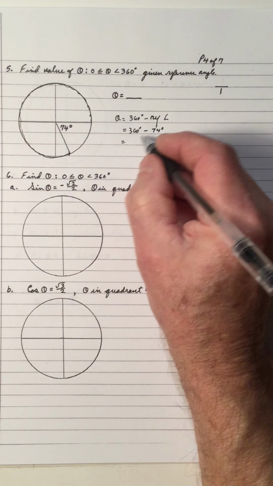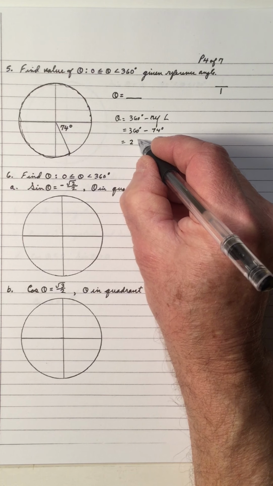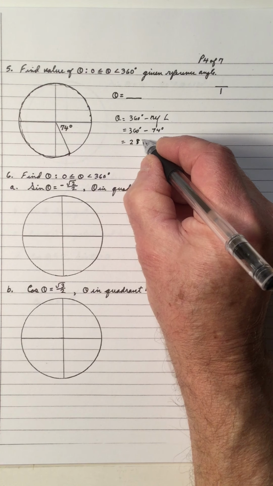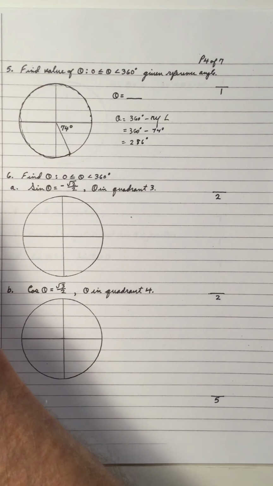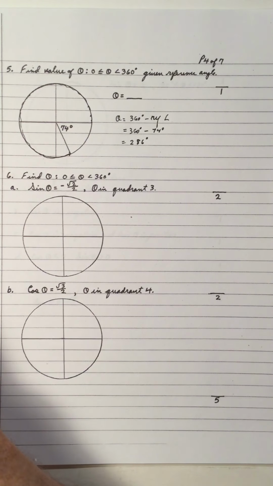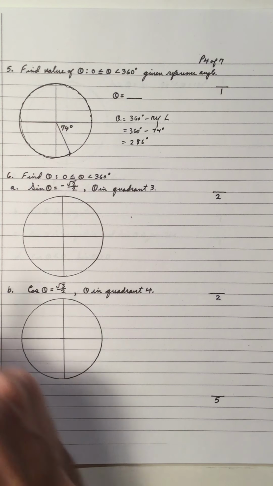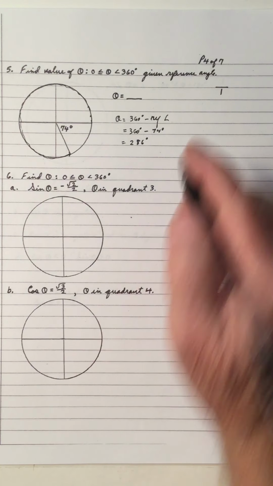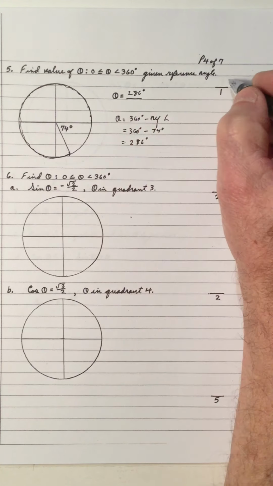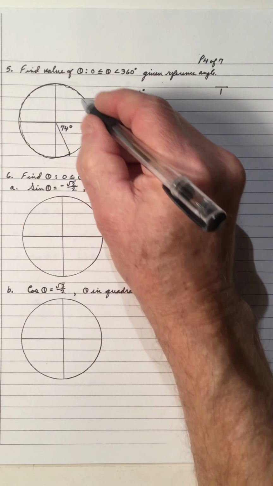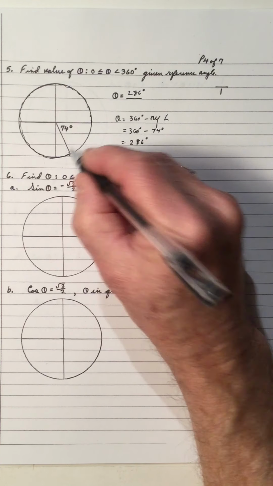And 360 minus 74 is 286. And just check your calculator. 360 subtract 74 is 286. Give yourself a mark if you have 286 for that rotation from here right around to the terminal arm.